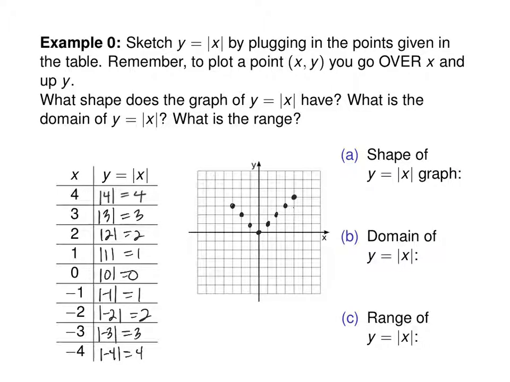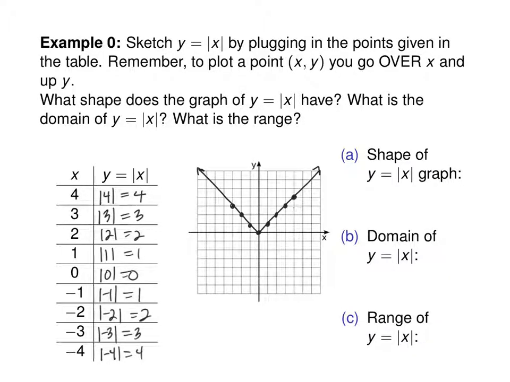And of course, we could plug in more points and get more of a picture, but we can see that this extends out in that direction forever and ever. On the left, we are extending out in that direction forever and ever. Basically, we have two lines. The one on the right-hand side has a slope of positive 1. On the left-hand side, that line has a slope of negative 1.